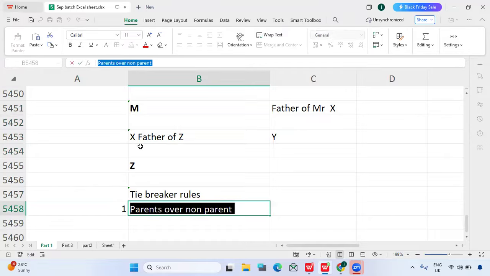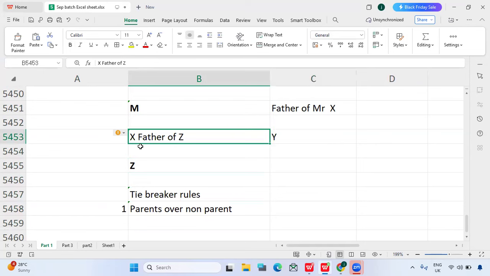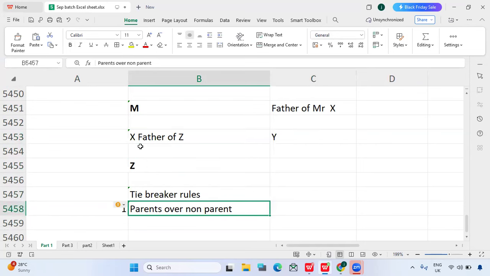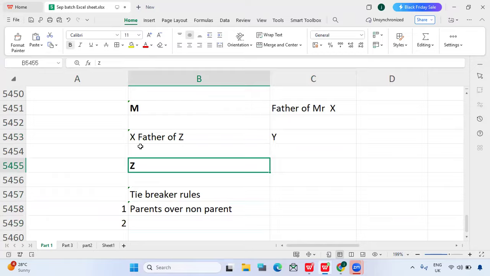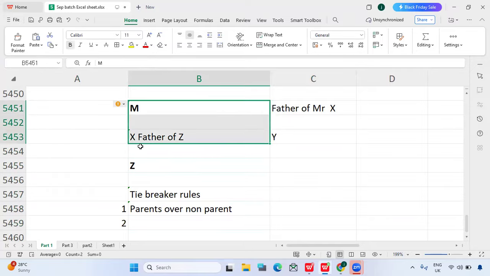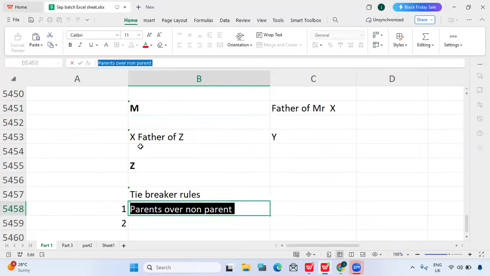Now who gets the edge? Parents get the edge. So X can claim Z as a dependent. This is clear. So in case Z is eligible for both M and X, we apply the parents over non-parents tiebreaker rule.